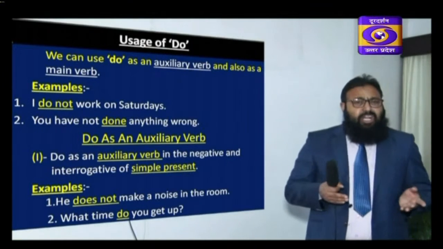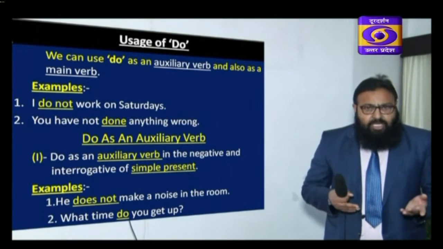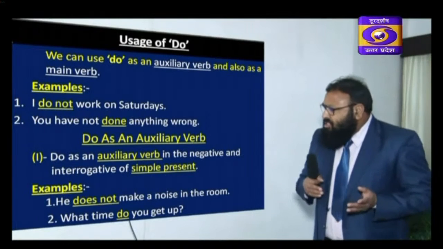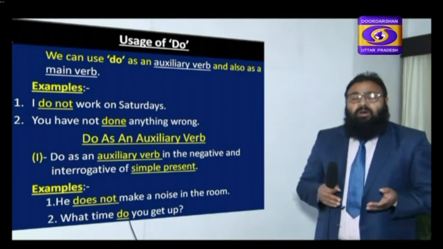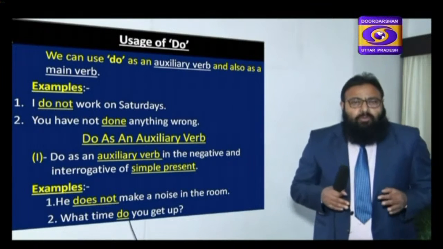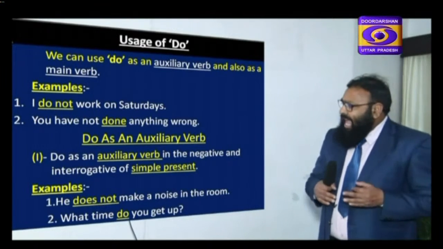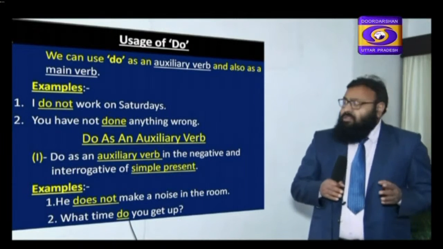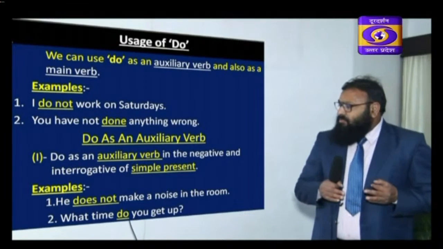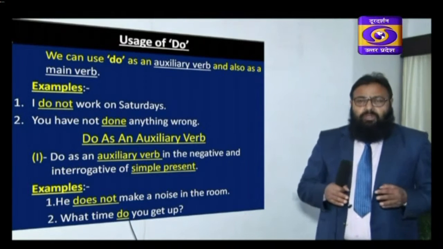It is in present indefinite, negative, and the subject is plural. You have not done anything wrong. Now here, done has been used as a main verb. So first, we shall talk about do as an auxiliary verb.